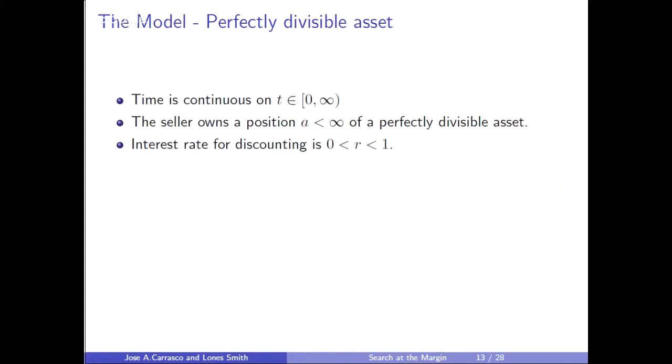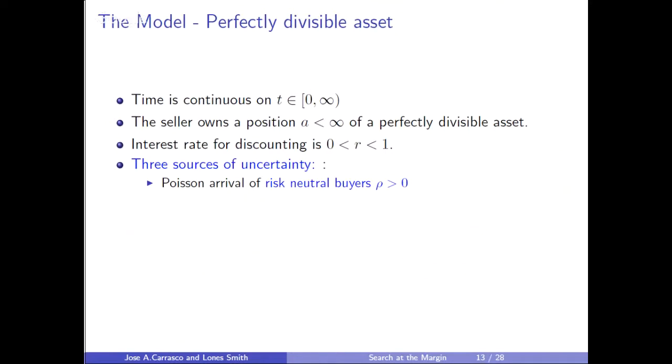So how does this model change compared to the previous model? Time is continuous. The asset position is no longer n and doesn't take just integer values; it's any number between 0 and infinity. There's an interest rate for discounting, R. The same three sources of uncertainty.